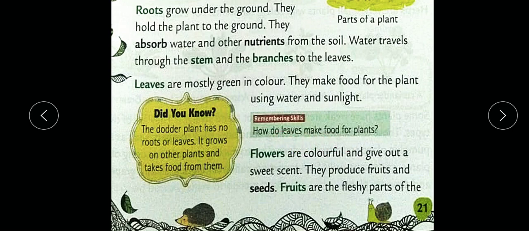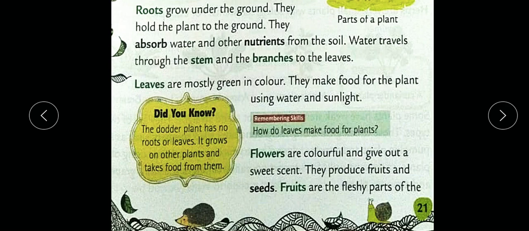Roots absorb water and other nutrients, and that water travels to the leaves. So leaves get water from roots, and then they get a proper amount of sunlight. With the help of water and sunlight, leaves make food for the plant.